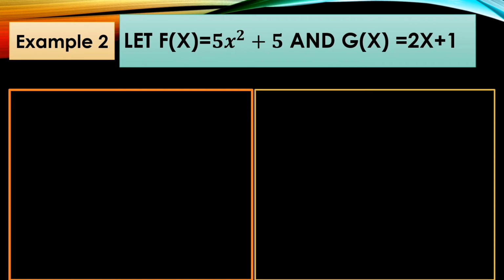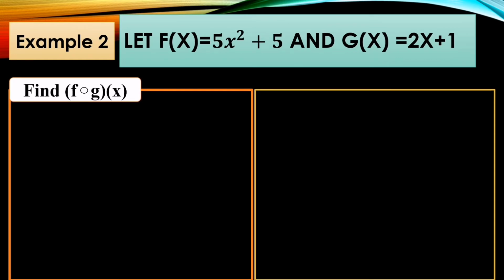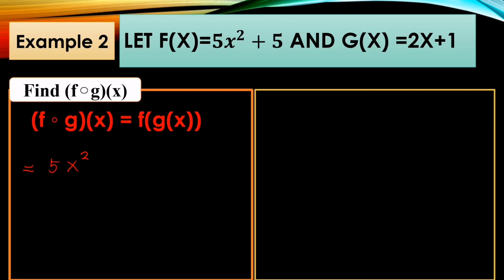Another. Let f of x equal 5x squared plus 5, and g of x is 2x plus 1. Again, find f composed with g of x. The function is f of x, which is 5x squared plus 5.